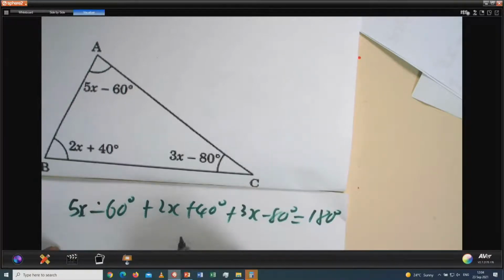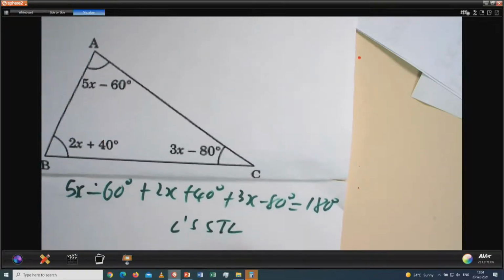What is the reason? Angles of a triangle. You've got your 1 mark or your 2 marks. Statement and reason. That's all. It's something that is in front of you. It's something that you need to remember, the properties of triangles.